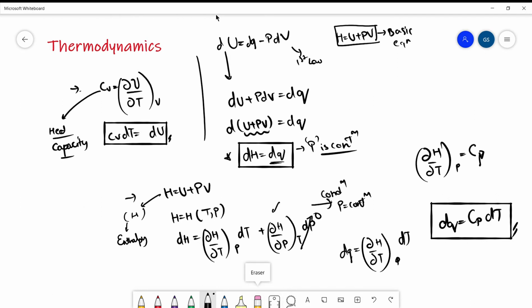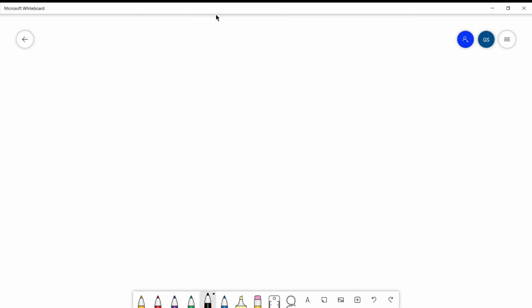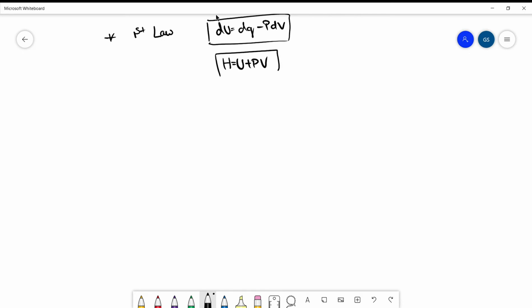Let's write down what all we have right now. First of all, we got the first law of thermodynamics, which was dU equals dQ minus PdV. This is nothing but the energy conservation equation. Then, just rearranging this, we said H equals U plus PV, and we proved that dH equals dQ at constant pressure.